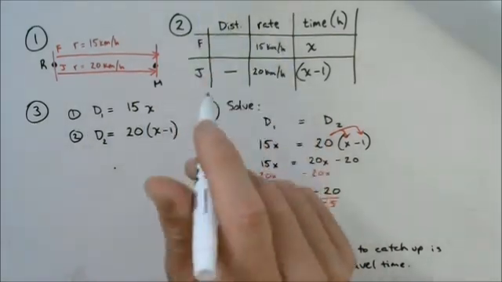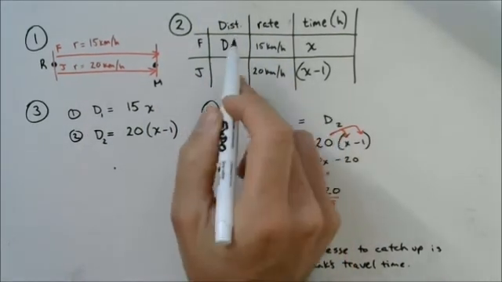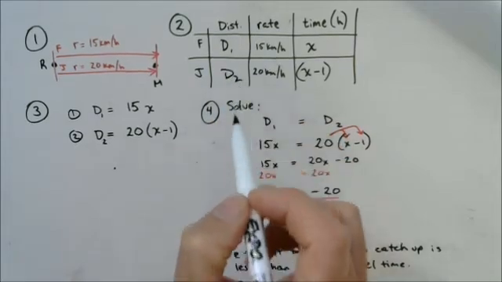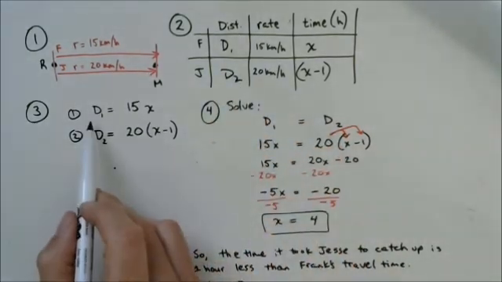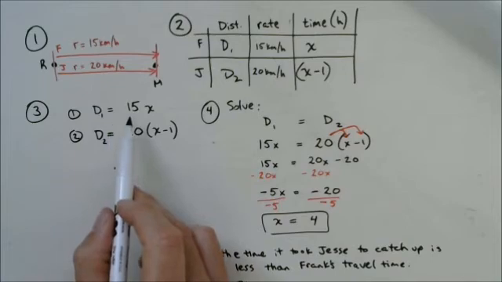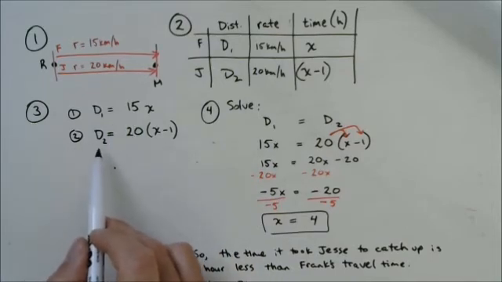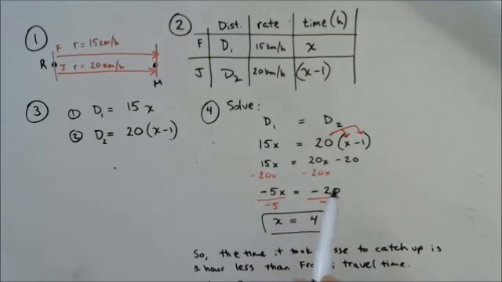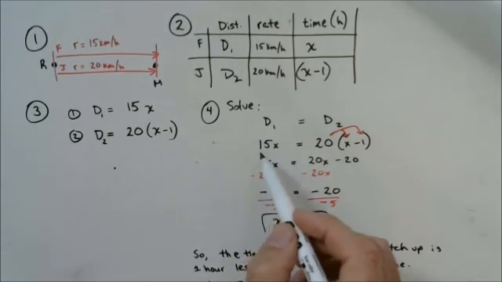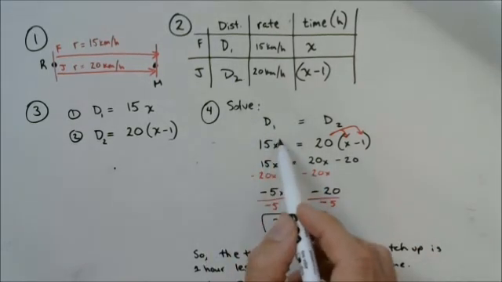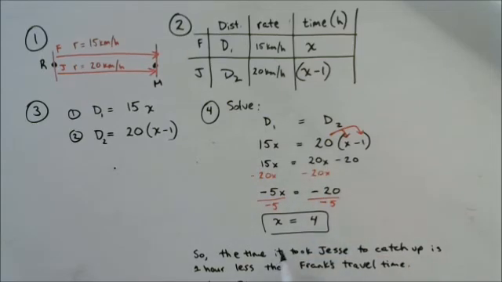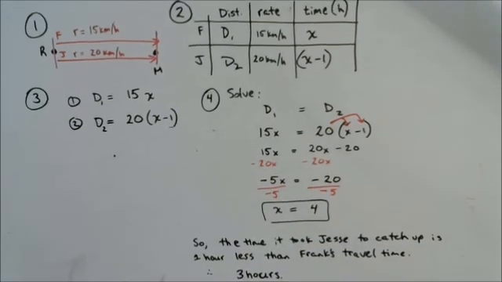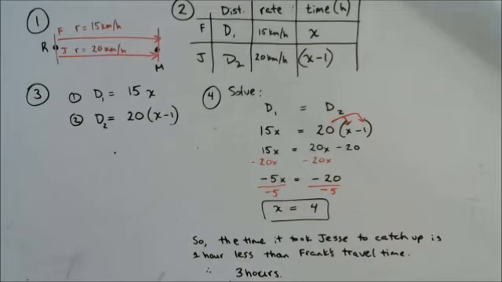Okay, you could even say we used d1, d2, but we know that they're equal. d1, Frank's distance, 15x. d2, Jesse's distance, 20 times x minus 1. Two equations. Put it into one equation to solve it, simple algebra, and make sure you actually answered the question that was asked. How long did it take Jesse to catch up? It's 3 hours.